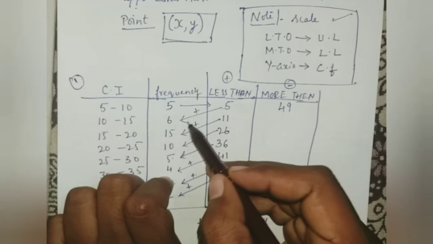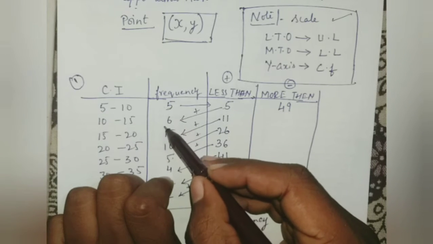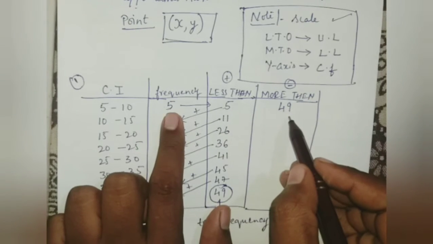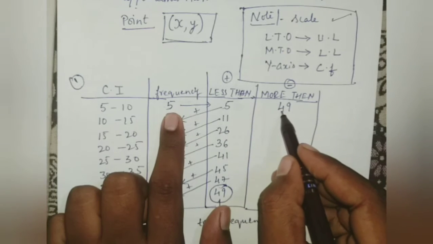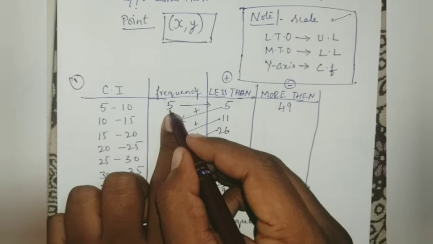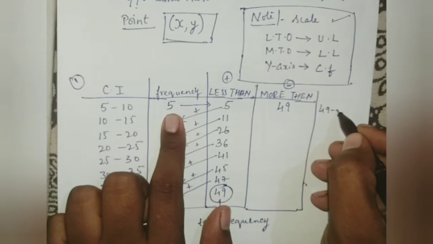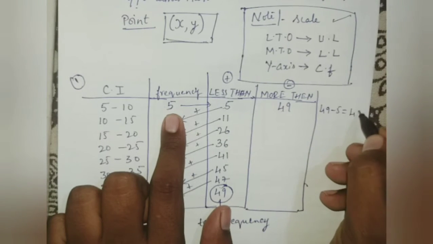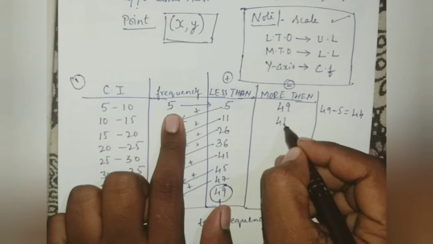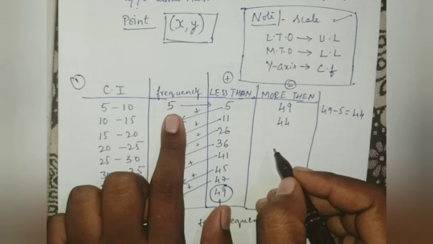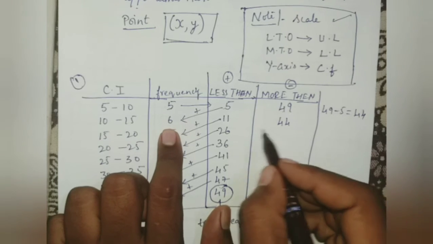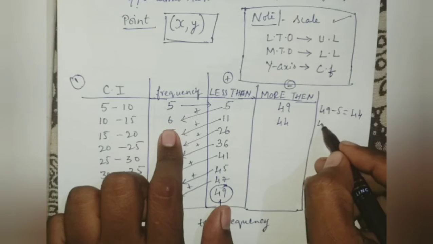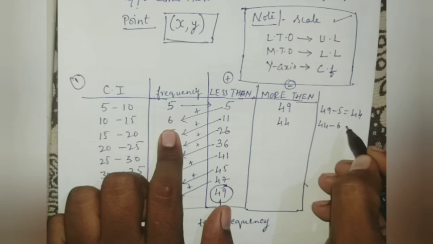While adding, I was adding for the next down number, but while subtracting, you need to subtract in a straight line value. So 49 minus 5 is 44. Next answer is 44. Next, see my hand, 44 minus 6.